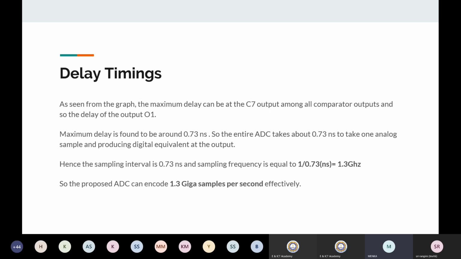And the sampling interval should be 0.73, at least, or greater than that, if this is Nyquist sampling. So the sampling can happen at 1.3 gigahertz corresponding to this particular timing value.